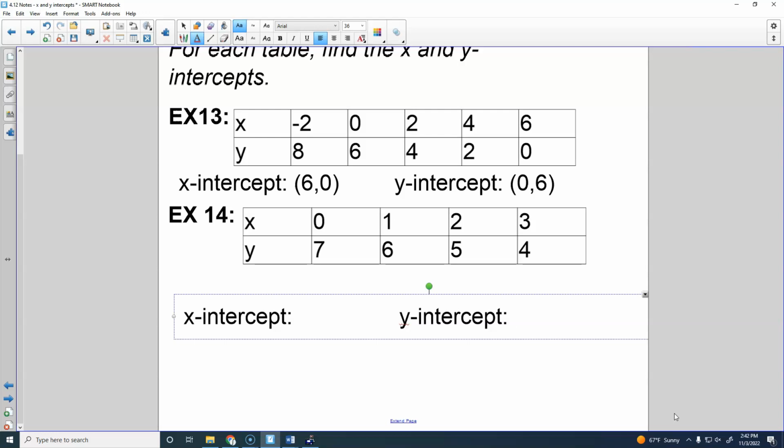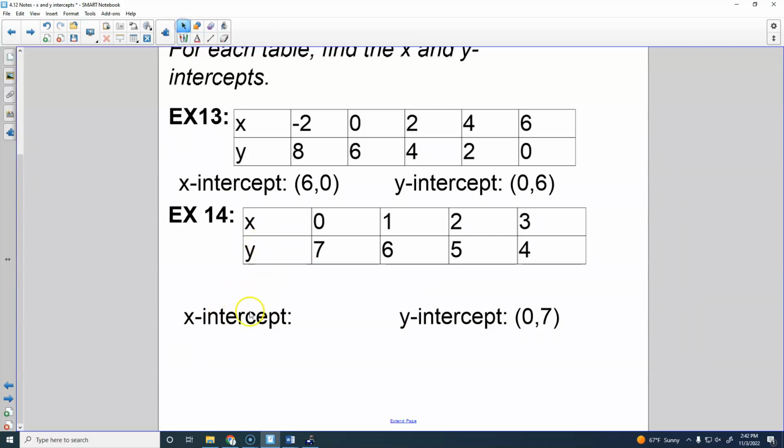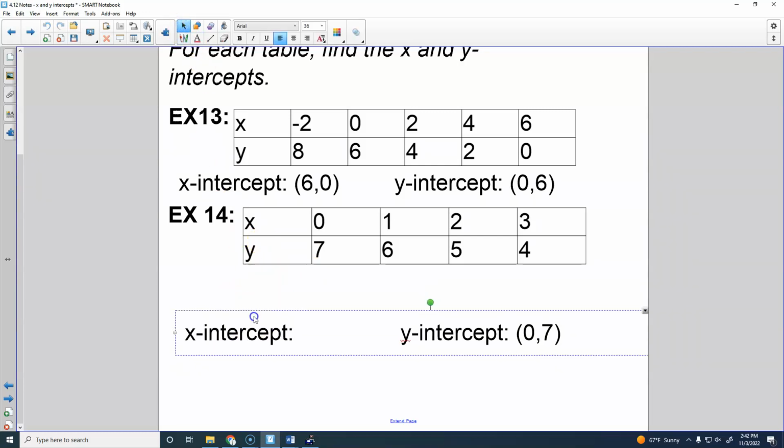At the x-intercept, the y equals 0. At the y-intercept, the x equals 0, right? So at this point right here, I've got 0, 7. My x is 0, so that's my y-intercept. 0, 7 is my y-intercept. I can find that easily from the table. I cannot easily find the x-intercept, but I can find it. It's not quite as easy.